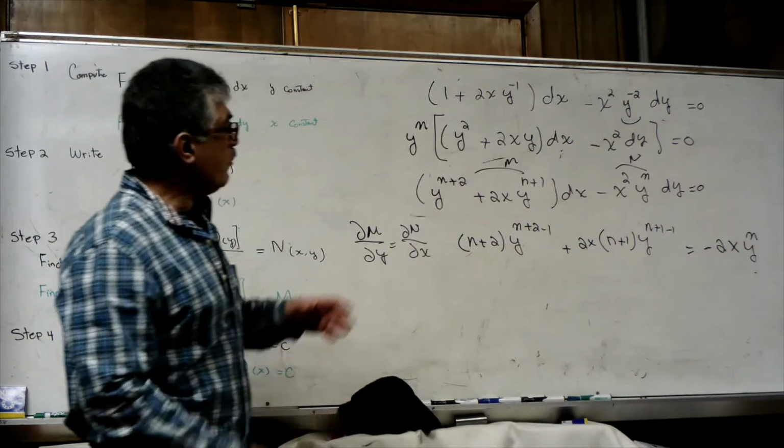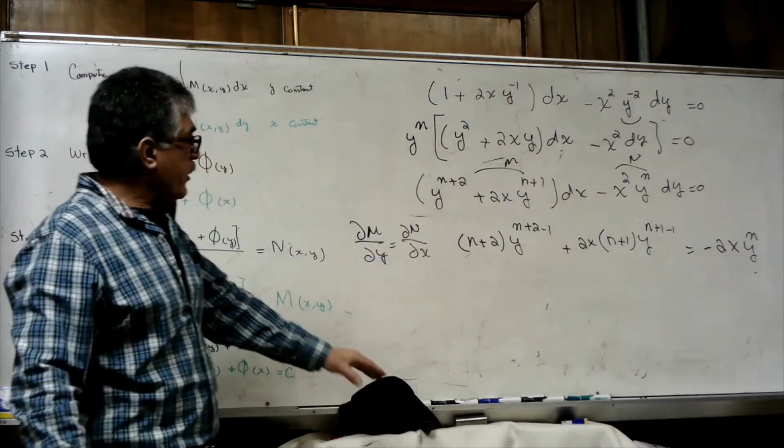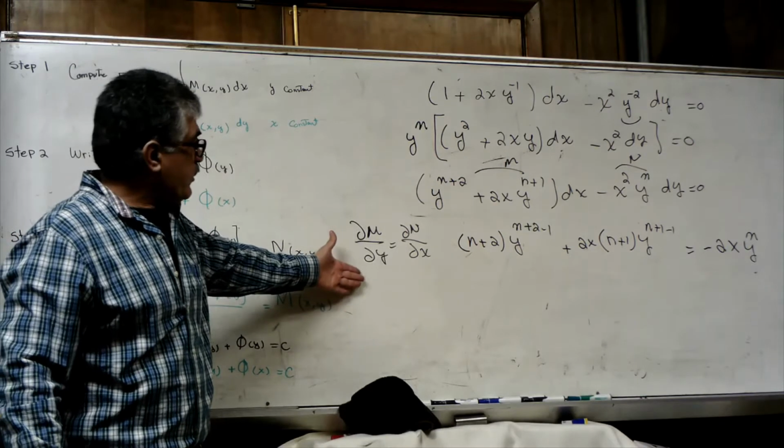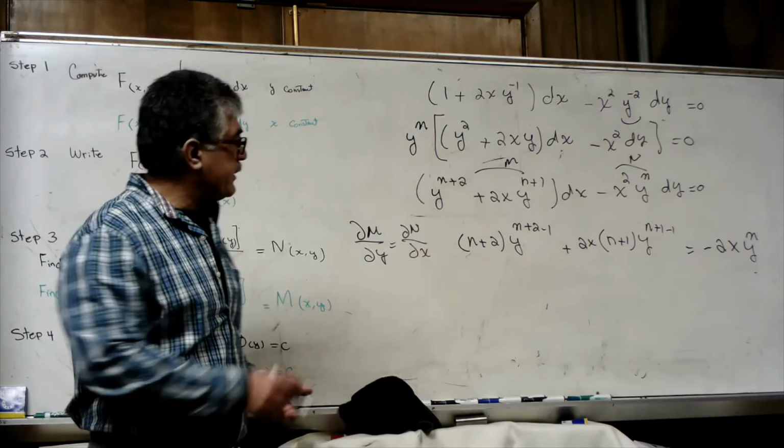So in order for our equation to be an exact differential equation, the partial derivative of M with respect to y must be equal to the partial derivative of N with respect to x.